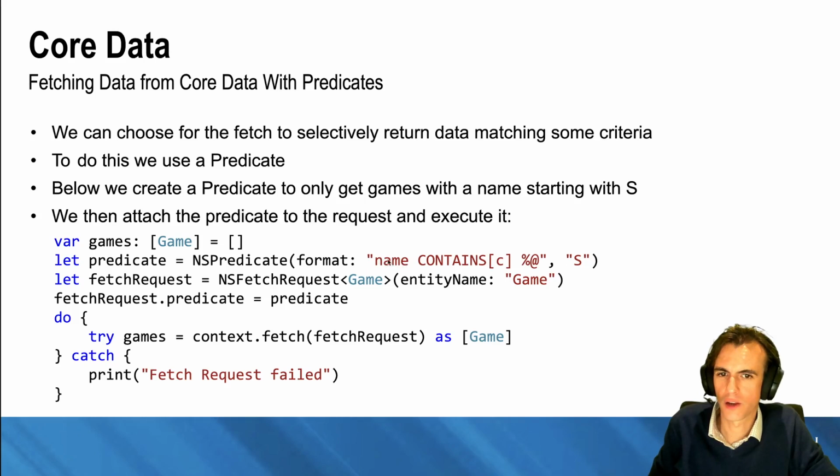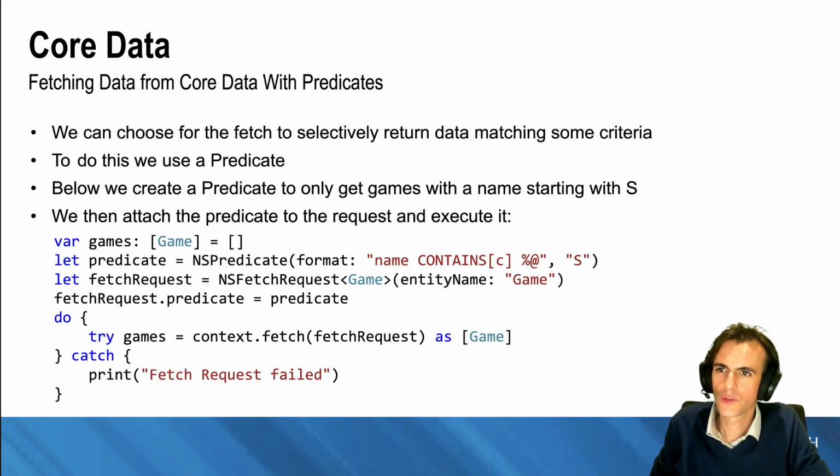We basically say a property name contains, and then this is a character, and then we specify that character. And the rest of this looks pretty much the same, apart from we take that predicate and we assign it to the predicate property of the fetch request. So you can combine predicates and sort descriptors if you like. So you can both select a subset of the data and order it. That works fine as well.